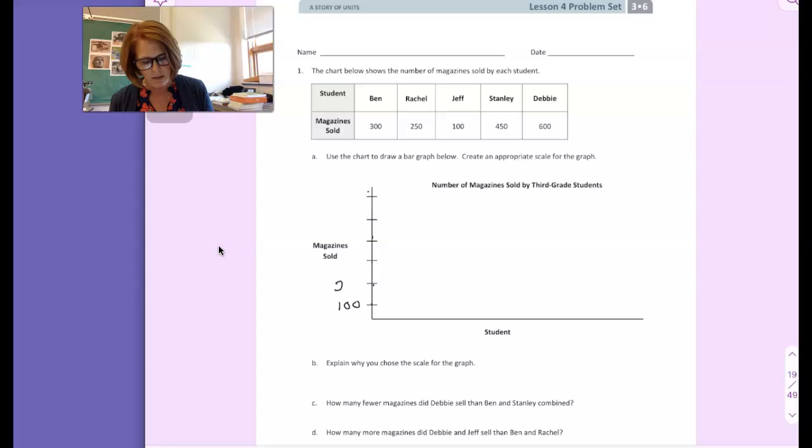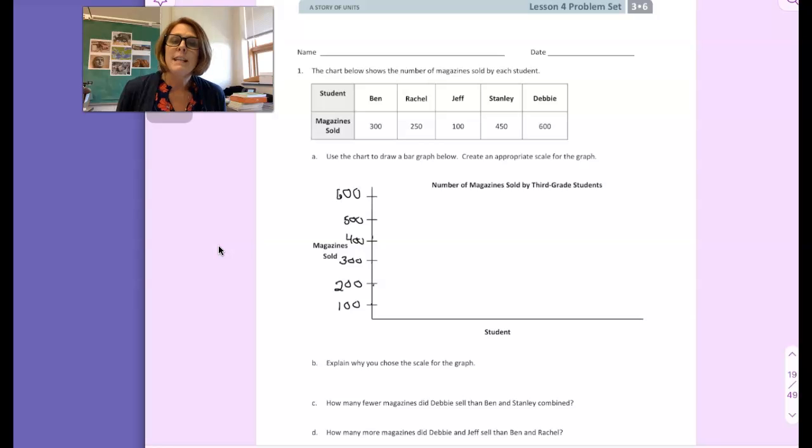So 100, 200, 300, 400, 500, 600. If these are 100 increments, what would be the halfway mark between each of these? We would have 150, 250, 350, and so on and so forth.